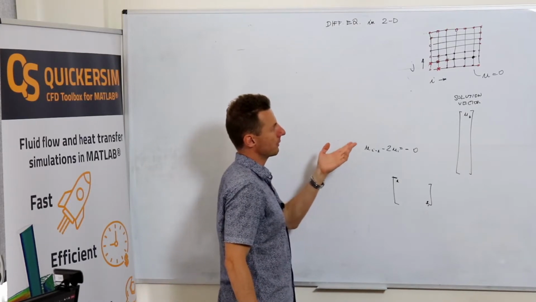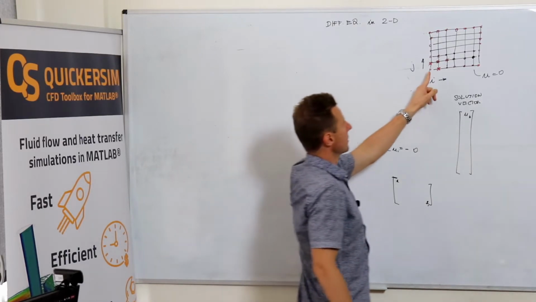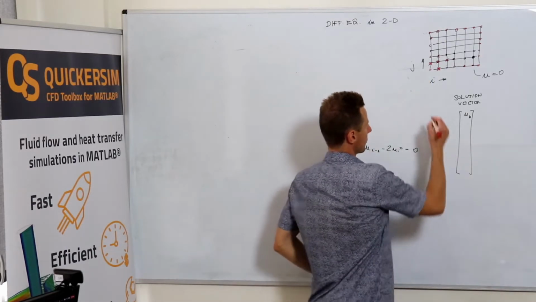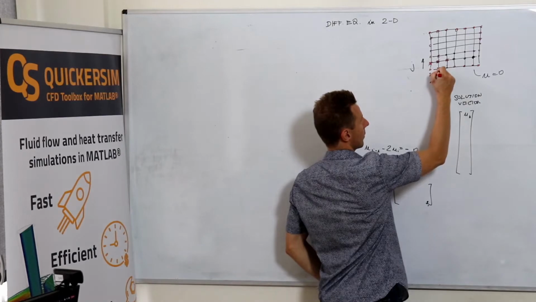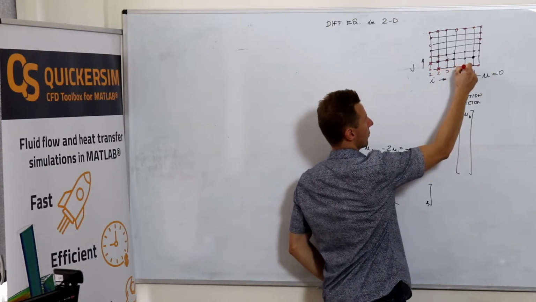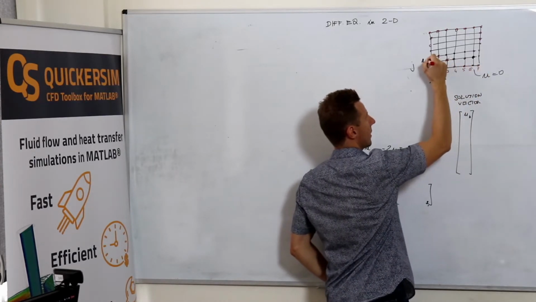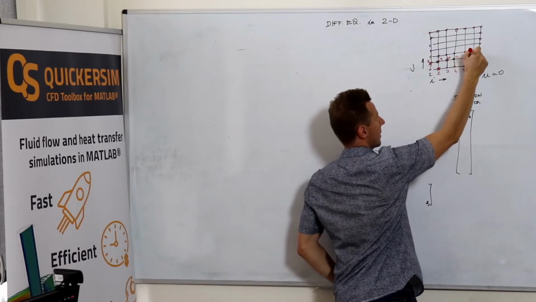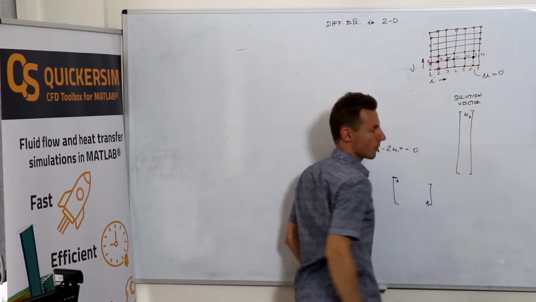Very, very often in the finite difference method, you introduce the following numbering. Let's say 1, 2, 3, 4, 5, 6, 7, 8, 9, 10, 11, 12, 13, 14, and so on.